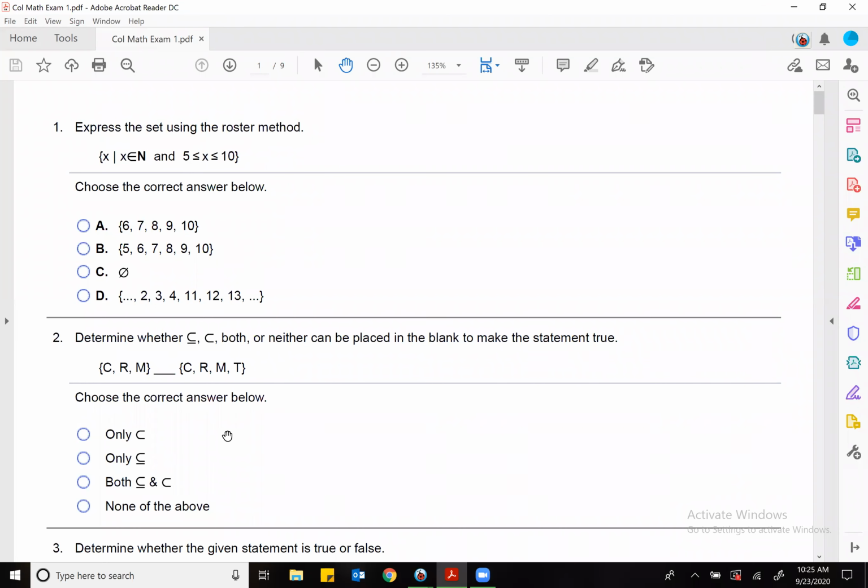That both sets have the same letters? No. But you're on the right track if you can tell me a little bit more. What makes a proper subset?